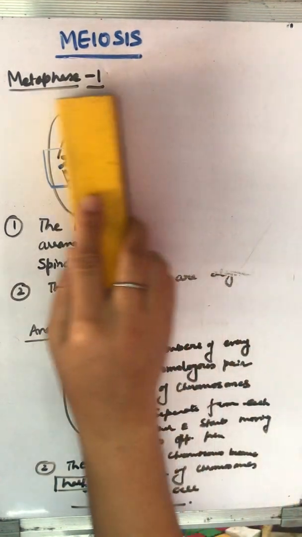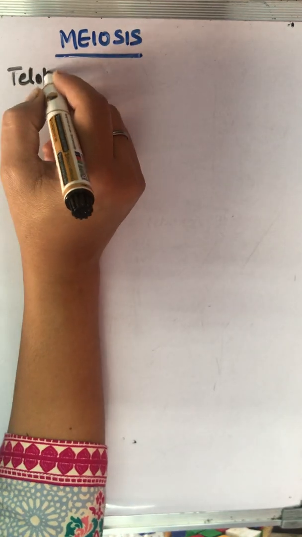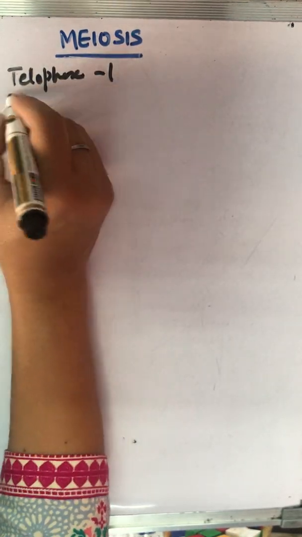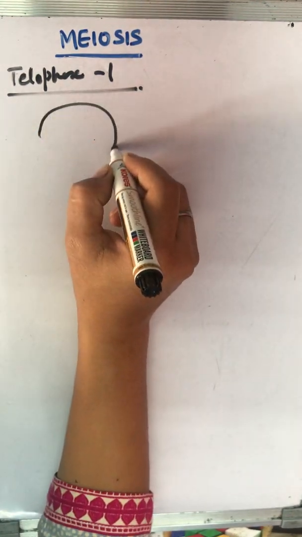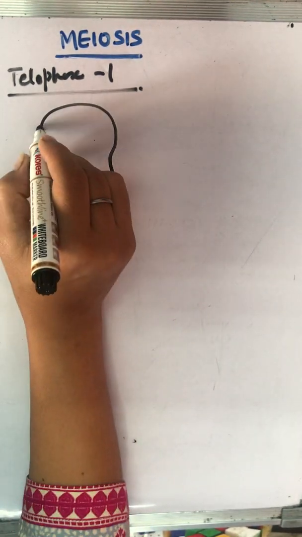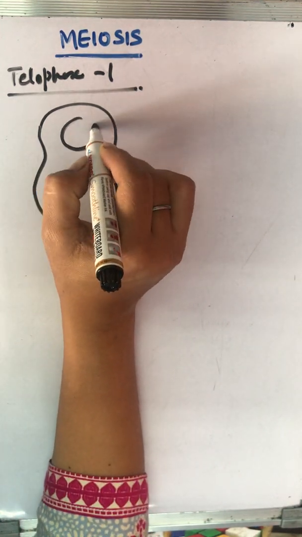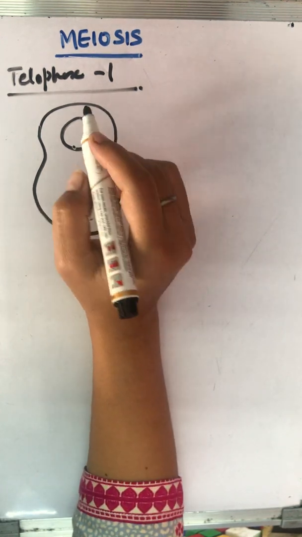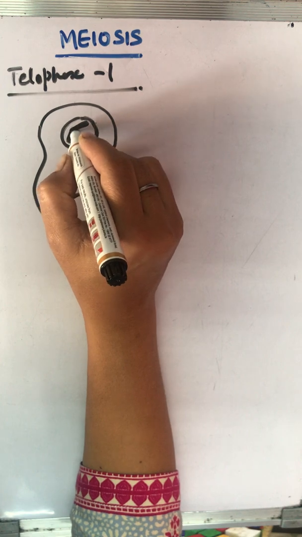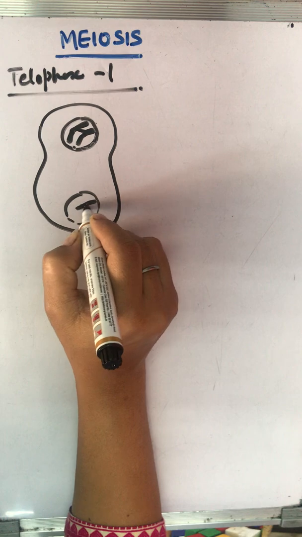In telophase 1, we see that chromosomes undergo dissolution and they have moved to the opposite poles where the nuclear membrane is regenerating and the chromatin thread will start appearing.